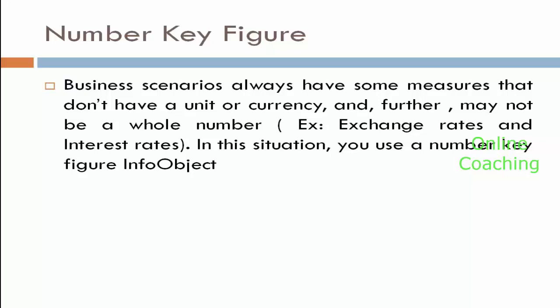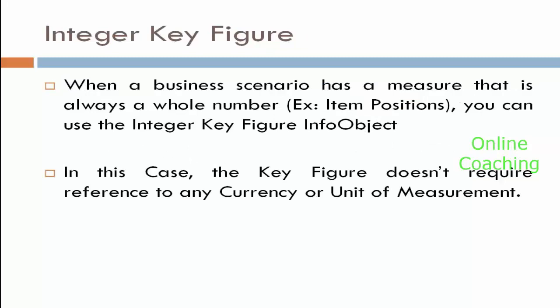Okay. Then we have an integer. Don't get confused here. We have a number, and we have an integer. But what is the difference between these? Number key figure, we already saw, has no unit of measurement and no unit of currency. But an integer key figure is for a scenario where you have measures that are always a whole number, a round figure, like an item position.